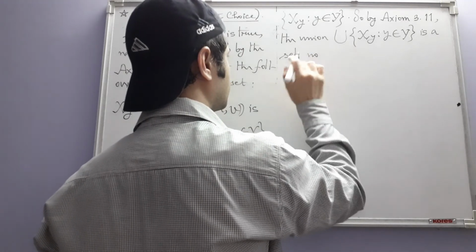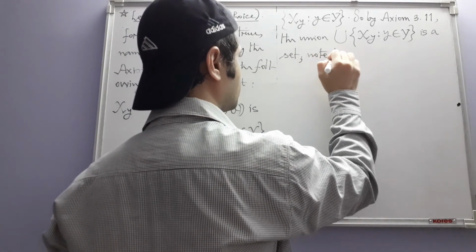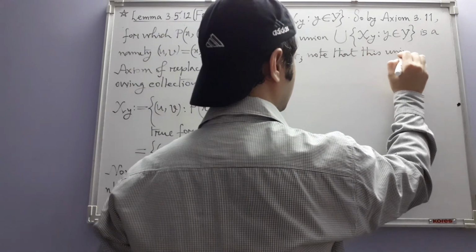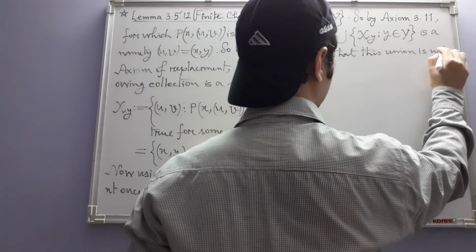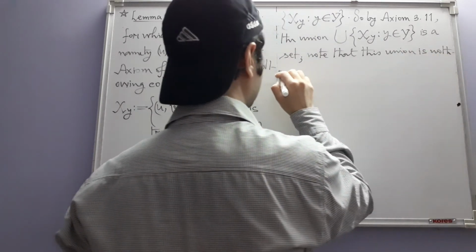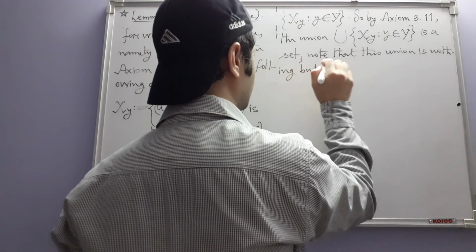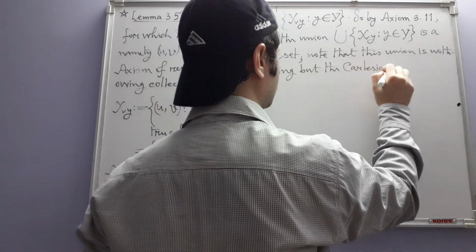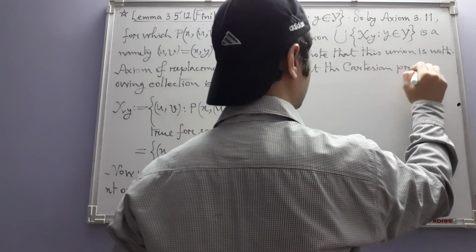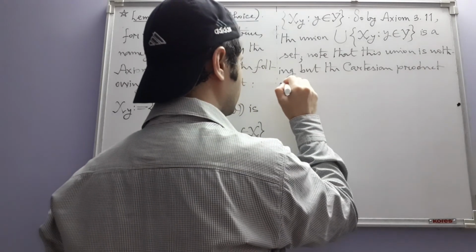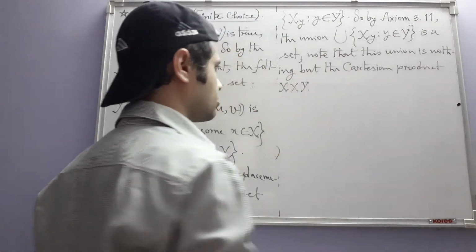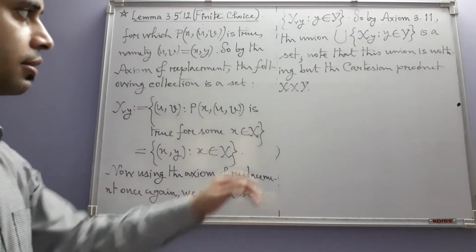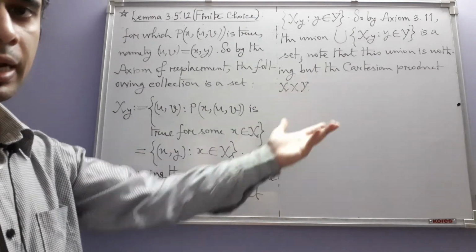Note that this union is nothing but the Cartesian product X cross Y. So we have proved using the axioms of set theory that the Cartesian product of two given sets is actually a set.